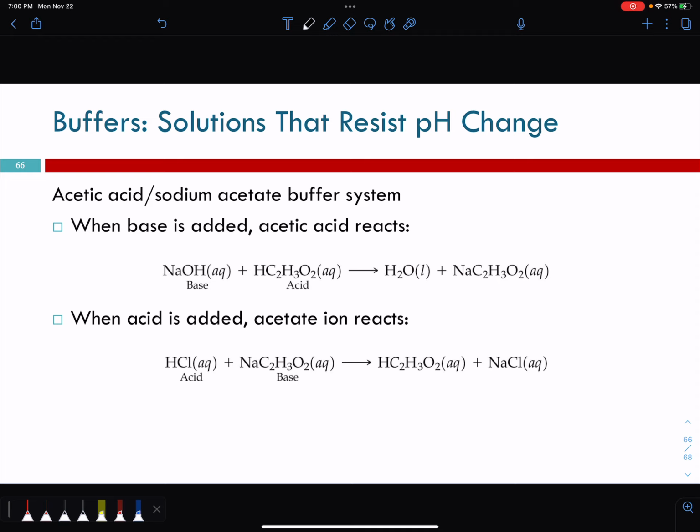So acetic acid and sodium acetate act as a buffer system. You can see that sodium acetate is just acetic acid with the sodium instead of the hydrogen. When acid is added, the acetate ion reacts. We add this acid, it reacts with this base, and we form more of the acetic acid.